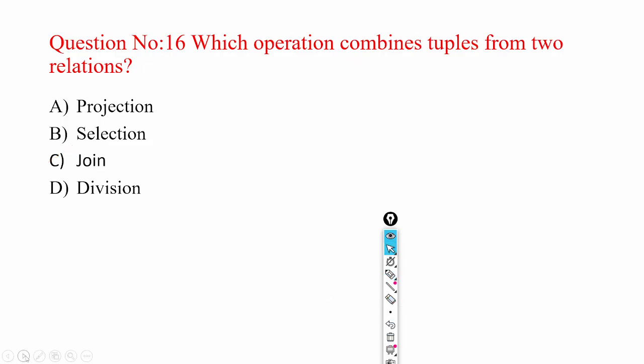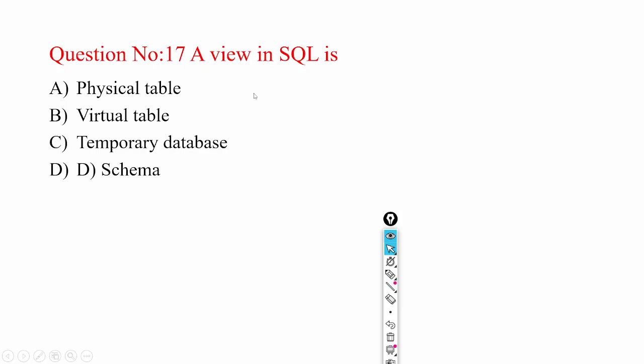Okay, moving to question number 17. A view in SQL is: physical table, virtual table, temporary database, or schema. The correct answer is option B, virtual table.